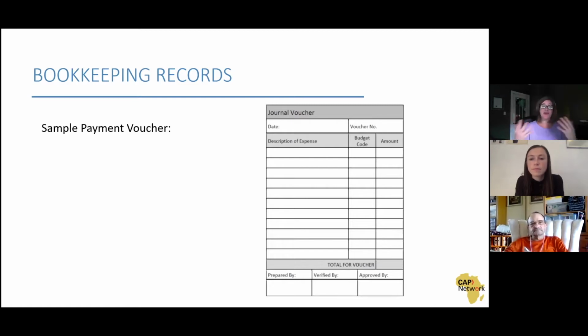And maybe you're very tech forward, so maybe you're scanning or taking digital copies of receipts, and that's okay. But then I would still have a document like a journal voucher or a payment voucher that goes with each set of receipts. So it's really a way of bundling expenses together and doing a little bookkeeping on a set of expenses so that you could put that aside.